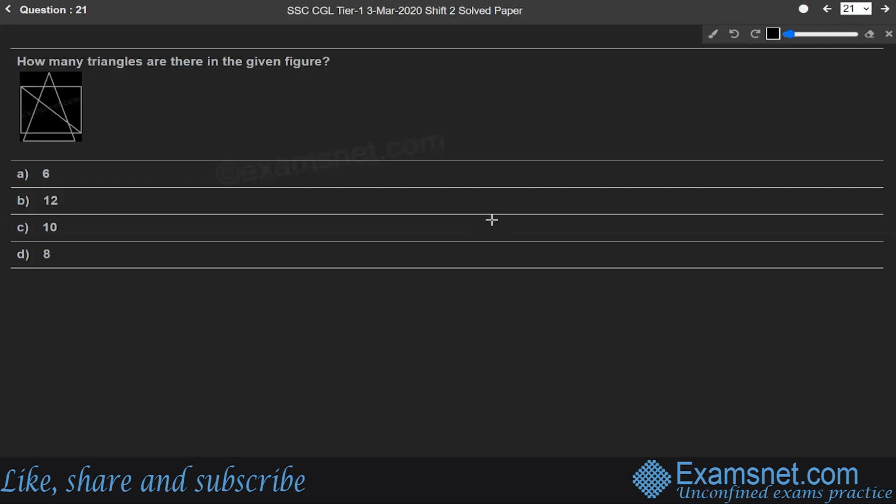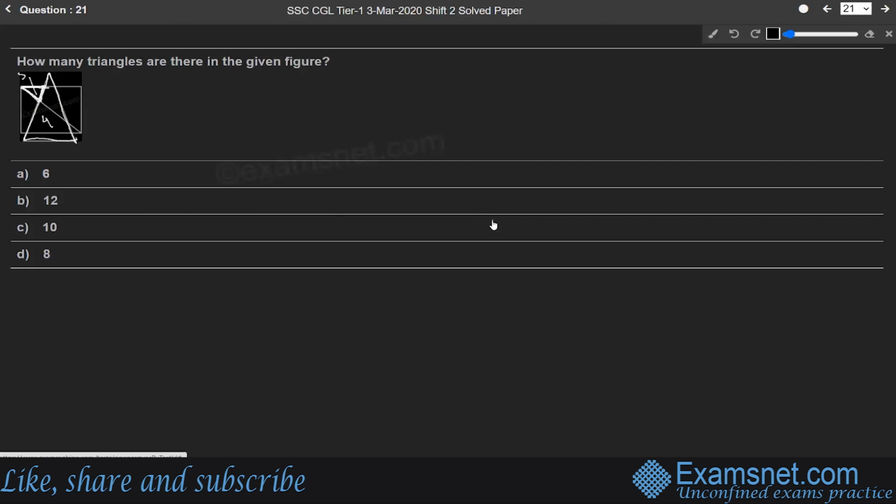Okay, we can see a big triangle here, which is this. This is the biggest. So this is the fourth triangle. Again, this small part also forms a triangle. So this is the fifth triangle. Similarly, there is another small part which is here. So this is the sixth triangle.